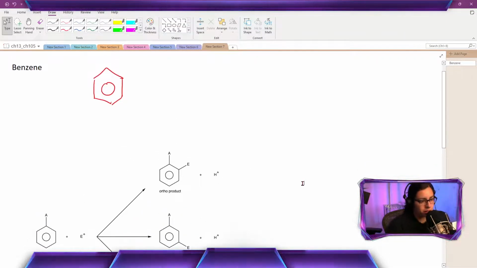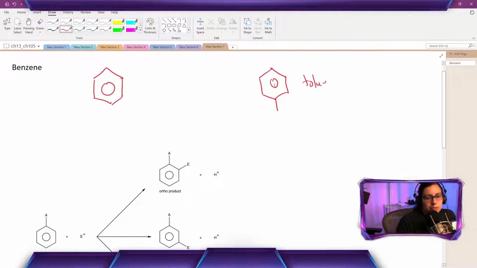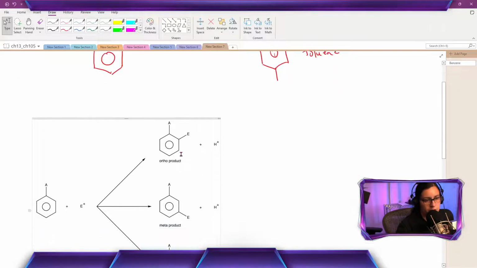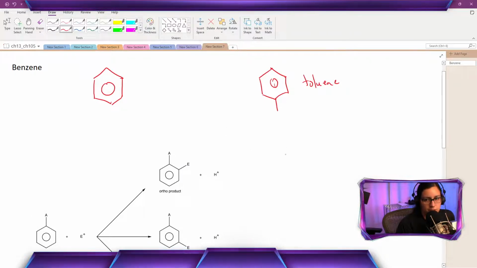And so benzene can have different derivatives. So let's look at, if you stick a methyl group on it, now we have toluene. But then you can have other substituents. So now if you have a ring, and let's say we wanted to do chlorotoluene, so we could have what's called the ortho position.